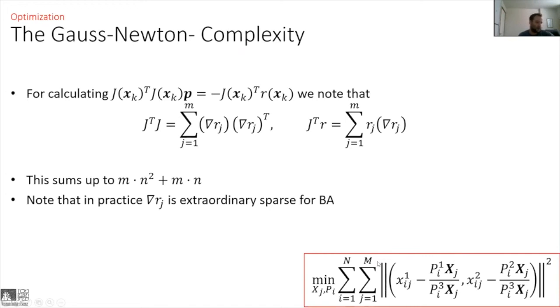If we look at a single residual in the projective case, we have one camera and one 3D point, so it sums up to 3 plus 11, which is 14 parameters in the residual. But our problem is defined on R to the million, or let's say in a very high dimension.